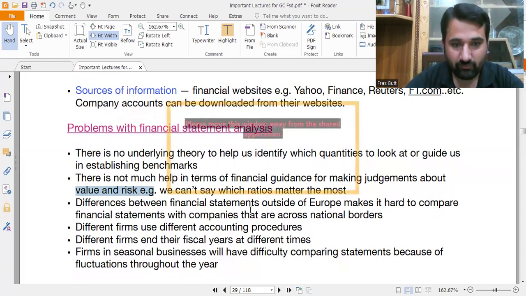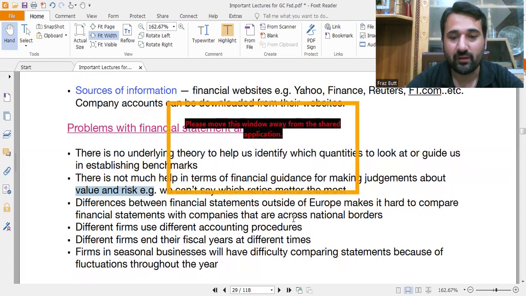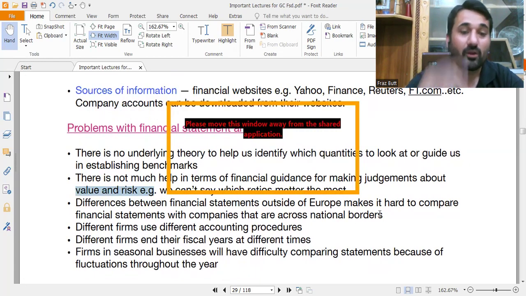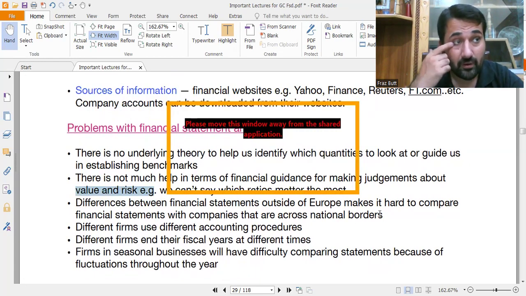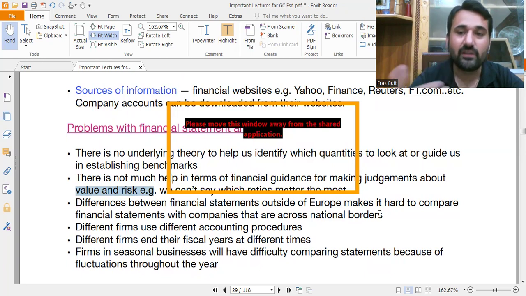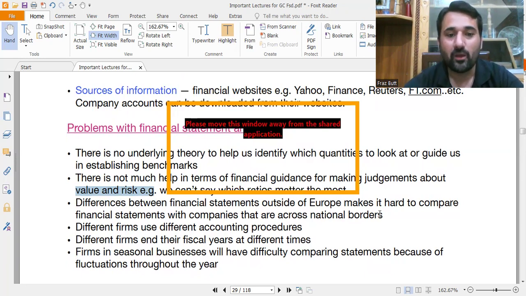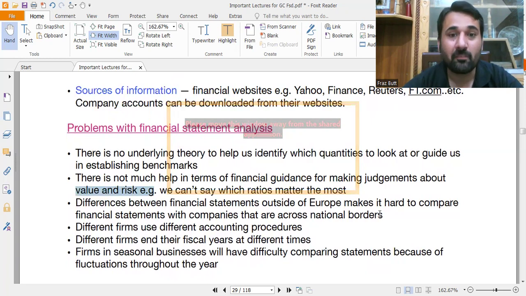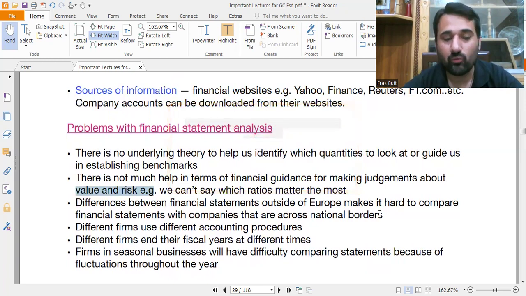Then differences between financial statements outside of Europe make it hard to compare financial statements of companies that are across national borders. These notes are based on the book of a European writer, and in European countries, the standards or the rules of the companies might differ as compared to the outside world.